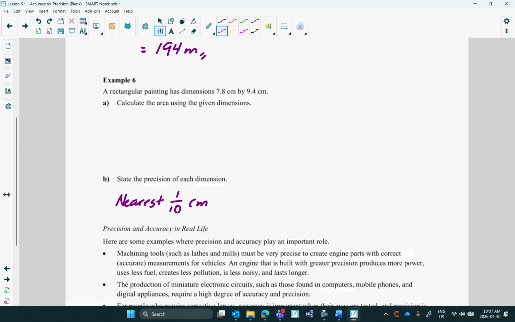You could just write the word tenths. And then how would we find the area? Multiply the two. And in this case, we're going to get 2 decimals for an answer, 73.32 centimeters squared. Okay.